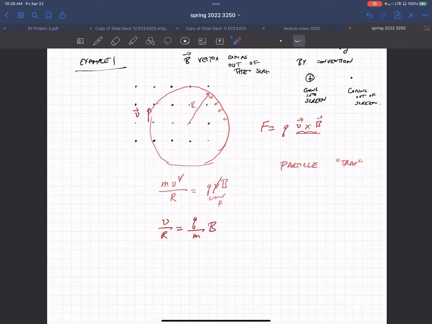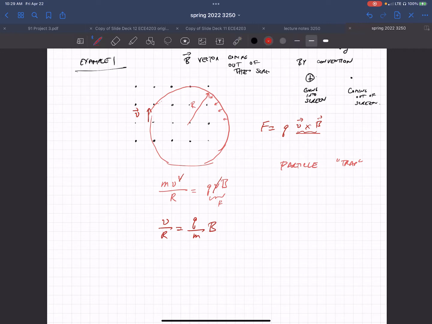The B field's magnitude is what I control, so I can adjust that up and down. For the same B field, this ratio of velocity and radius only depends on the charge divided by the mass of the particle. So depending on this ratio for a given particle, it would be rotating at a particular velocity and radius that's different from some other ratio.